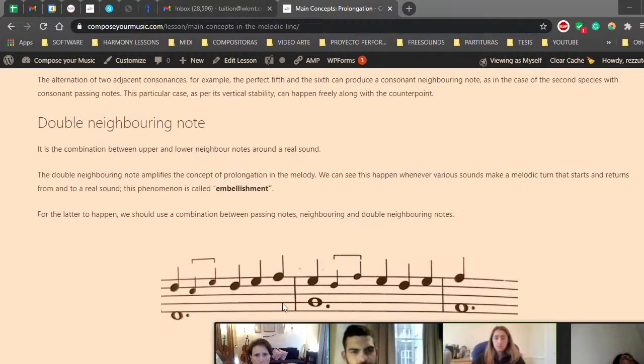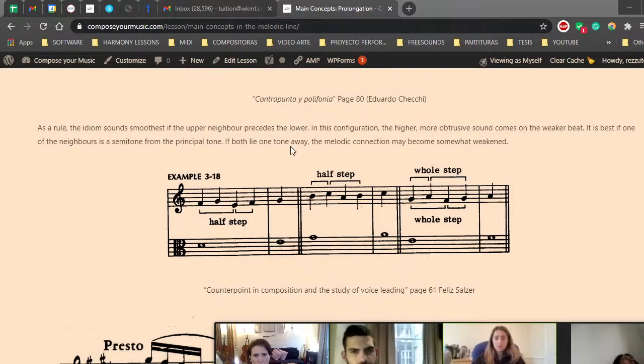Upper neighbor, there you go. In this configuration, the higher, more obtrusive sound comes on the weaker part of the beat. It is best if one of the neighbors is a semitone from the principal tone. If both lie one tone away, the melodic connection may become somewhat weakened.